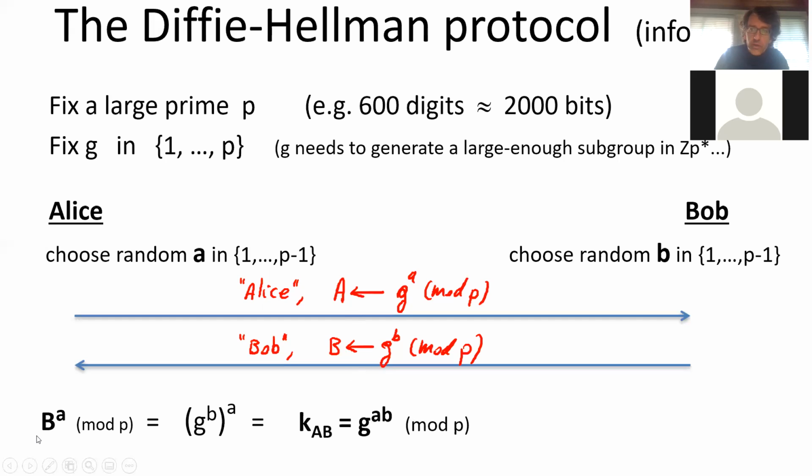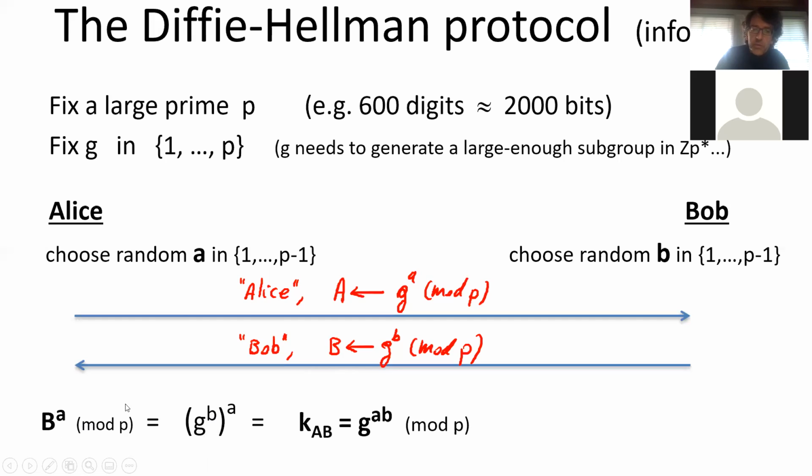By the homomorphic properties of exponentiation, if Alice takes this integer and takes it to the power little a mod p, where capital B is g to the b mod p.